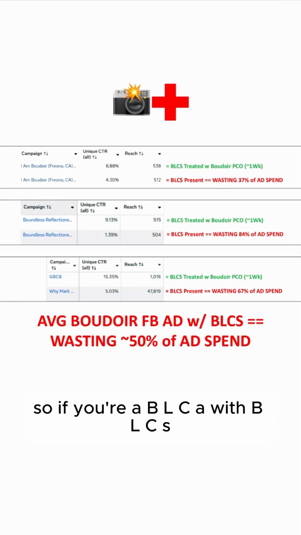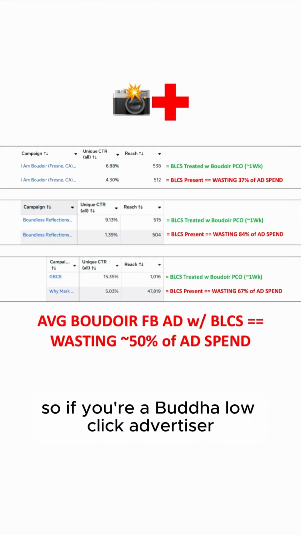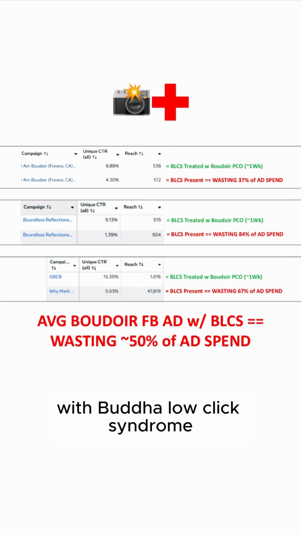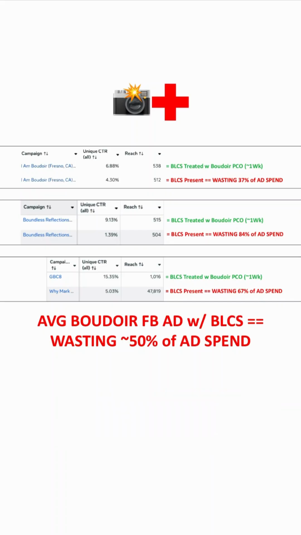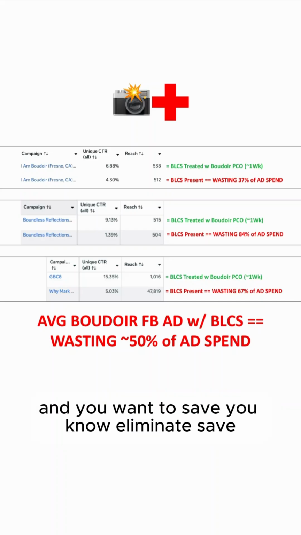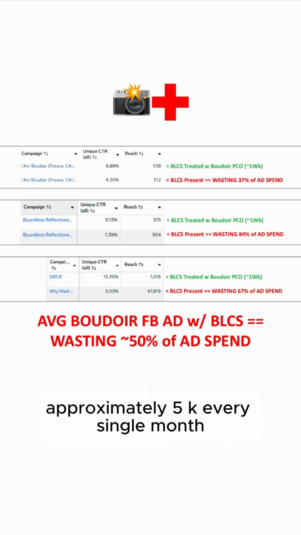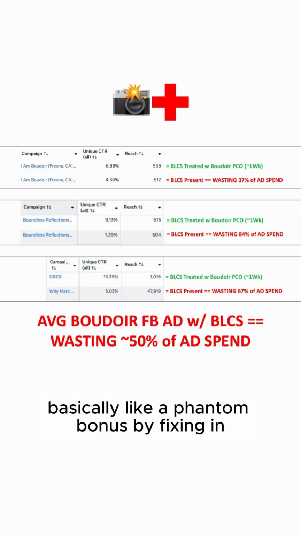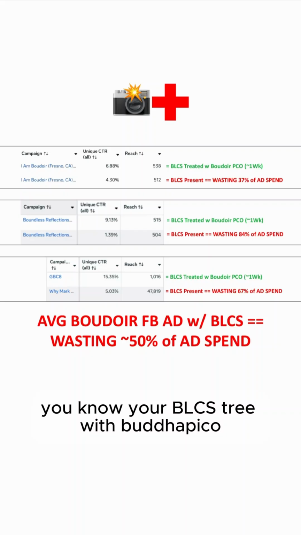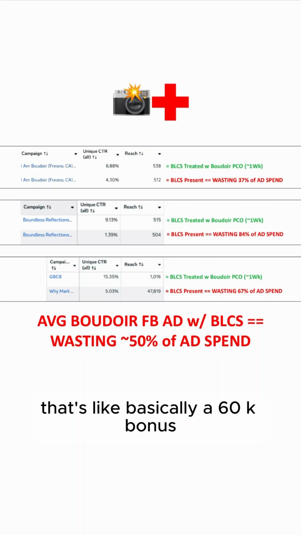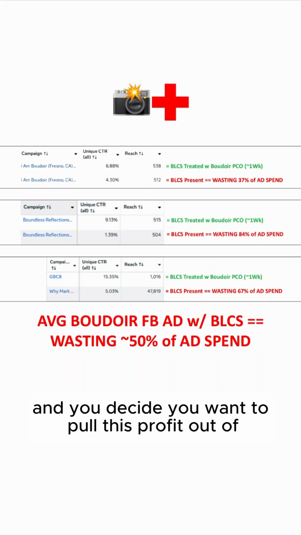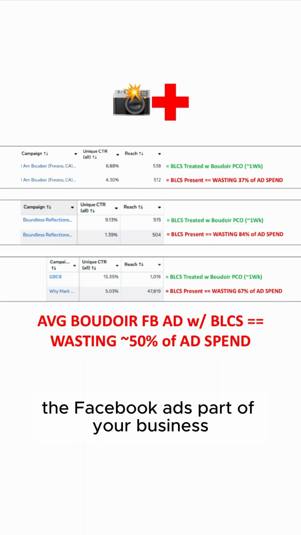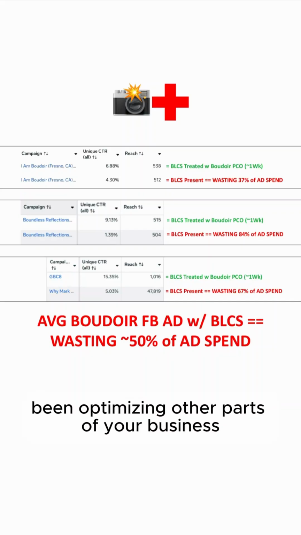So if you're a BLCA with BLCS, so if you're a boudoir low click advertiser with boudoir low click syndrome, and you're spending more than 10 grand a month on boudoir Facebook ads, and you want to save, put back in your pocket approximately 5K every single month, basically like a phantom bonus, by fixing your BLCS trio with boudoir Pico, that's basically a 60K bonus at the end of the year. And you decide you want to pull this profit out of the Facebook ads part of your business because you've been optimizing other parts of your business.